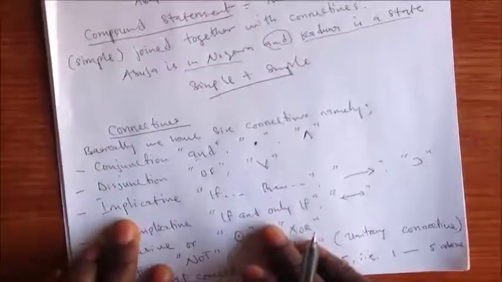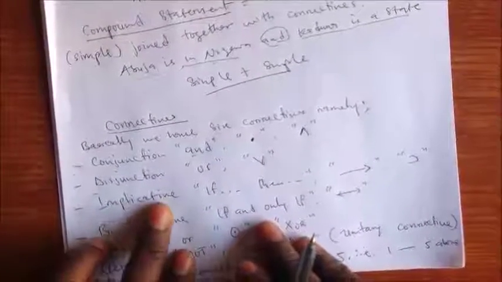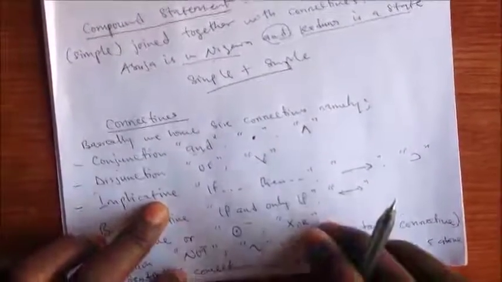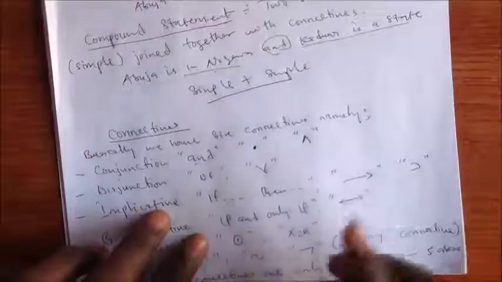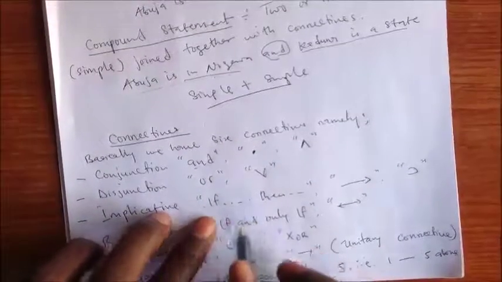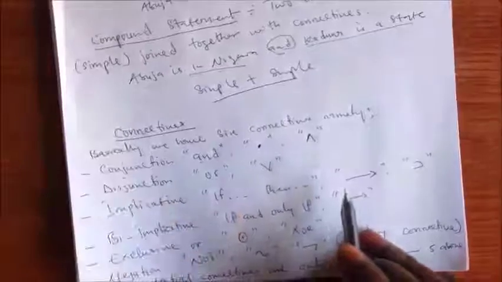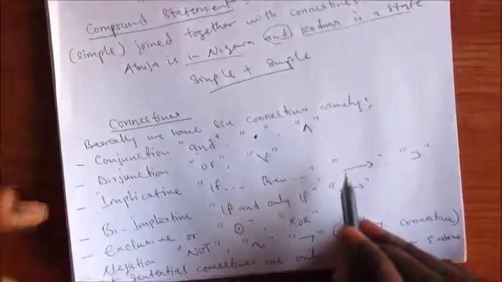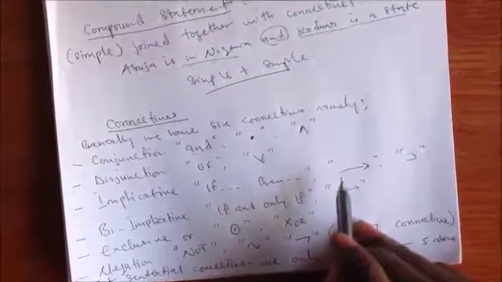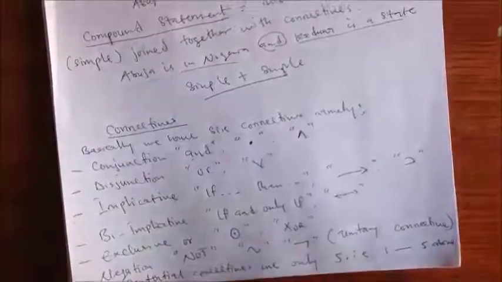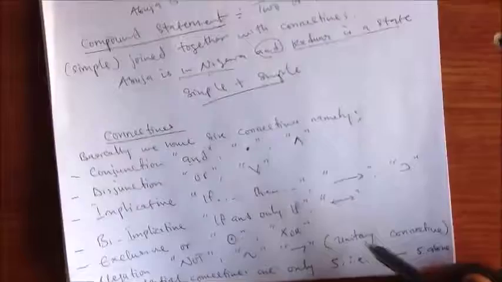Then we have implicative. This implicative can also be named material implication or conditional statement. We normally know it as: if dash, then dash. Let's say, if Kaduna is a state, then Nigeria is a country.